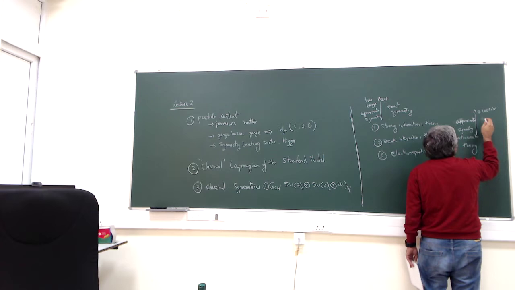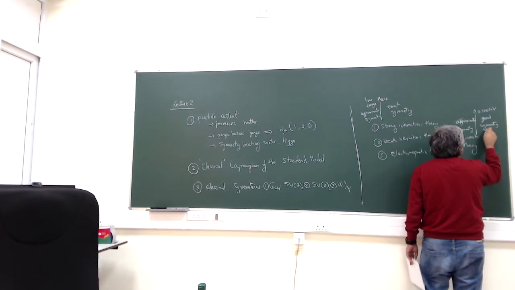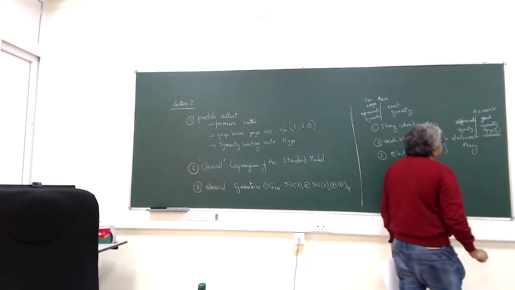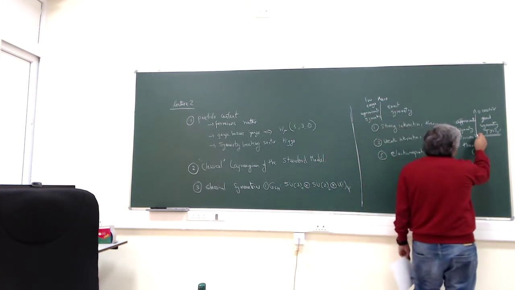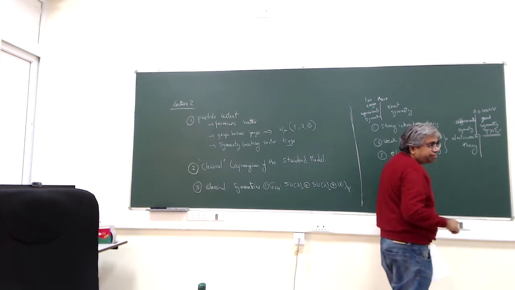Again, a good symmetry. Let me not say it's a complete symmetry, because it's a good symmetry at high temperatures. This is a questionable thing; we'll come to it maybe in the next class a little bit more. Weak interactions can restore the symmetry.